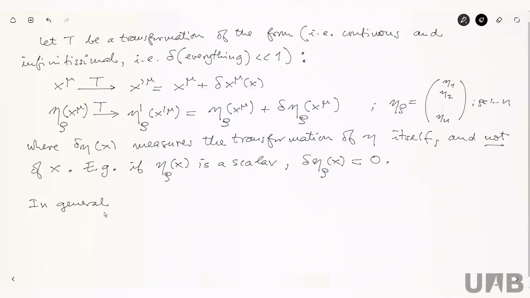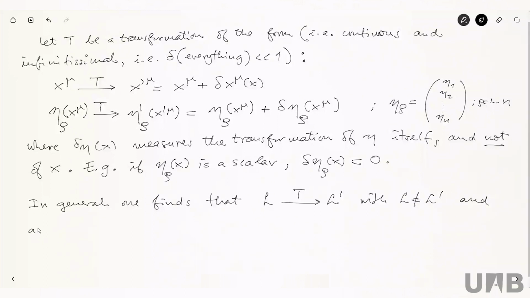In general, one finds that under a transformation, the Lagrangian density transforms and is not the same. It goes from an L to a certain L prime, with L different from L prime.